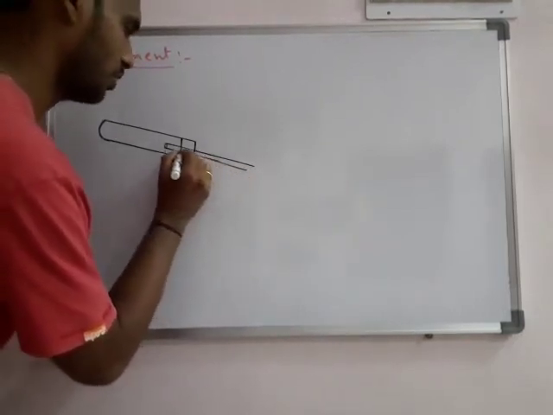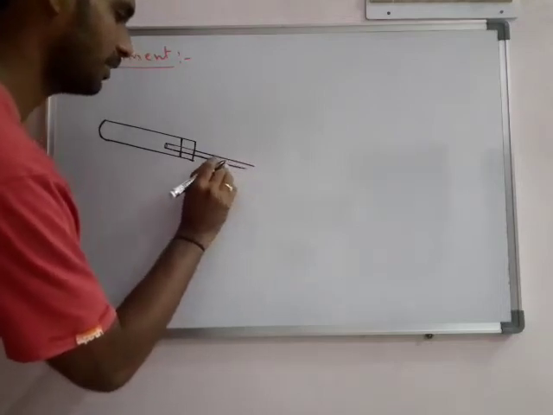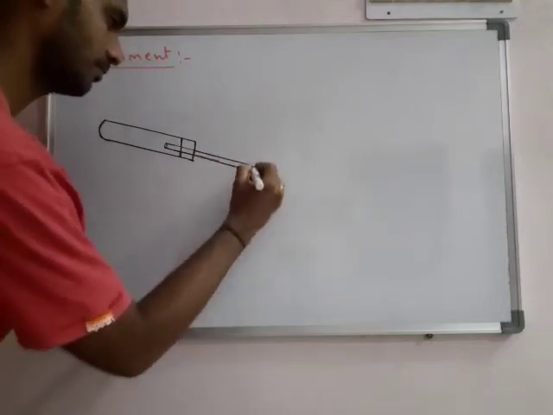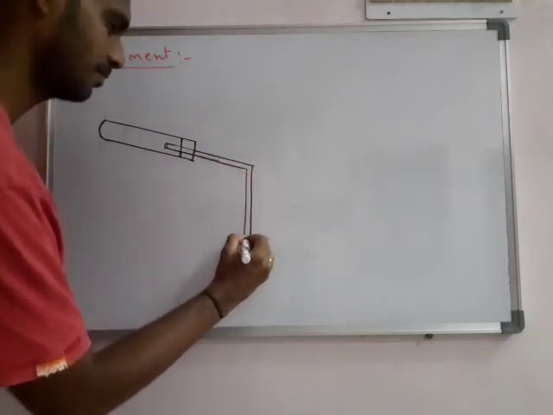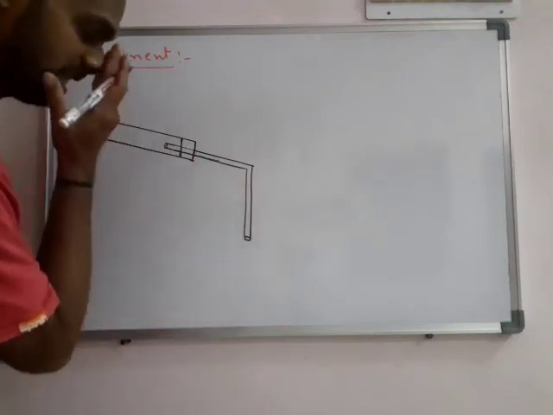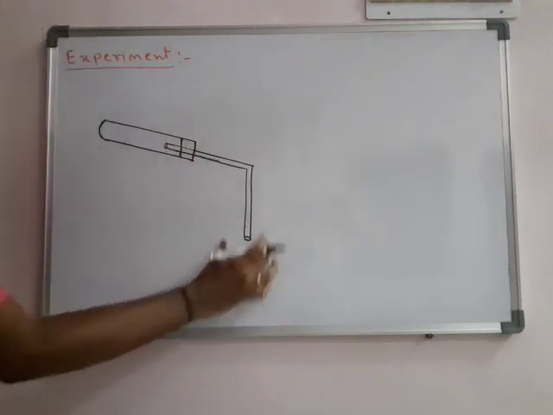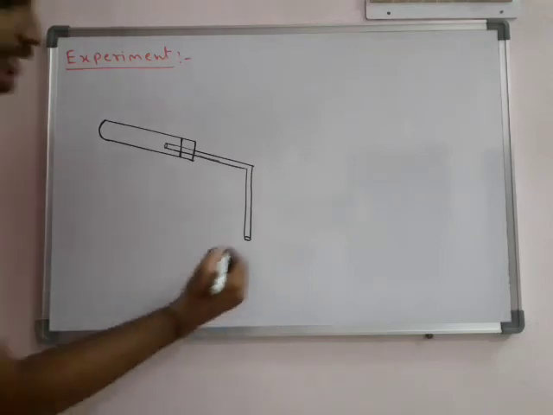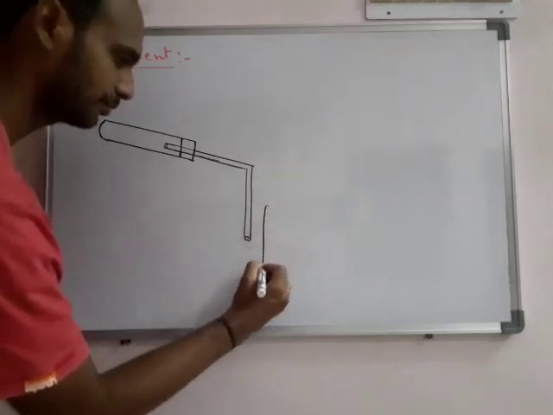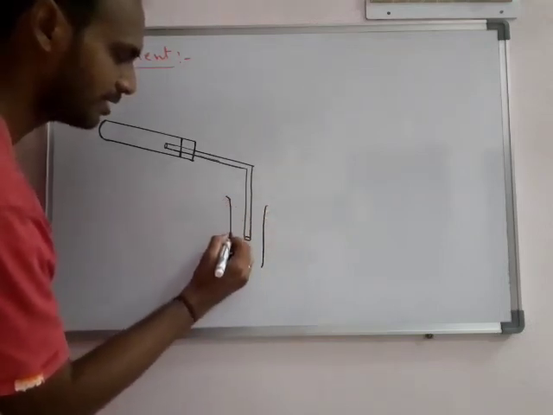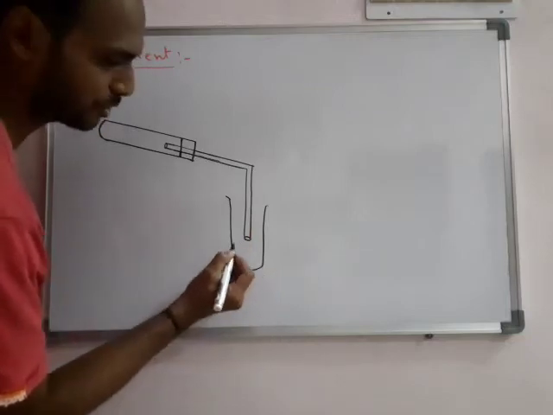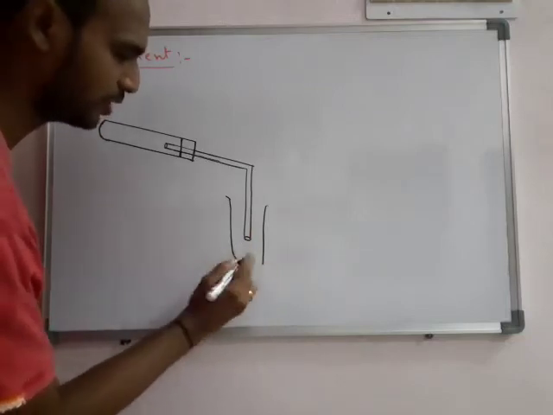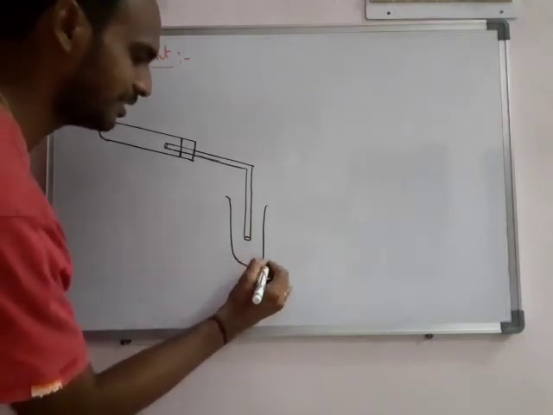Try to draw the diagram properly. This is the other tube, which is placed in another test tube. This is a vacant, empty, dry test tube.